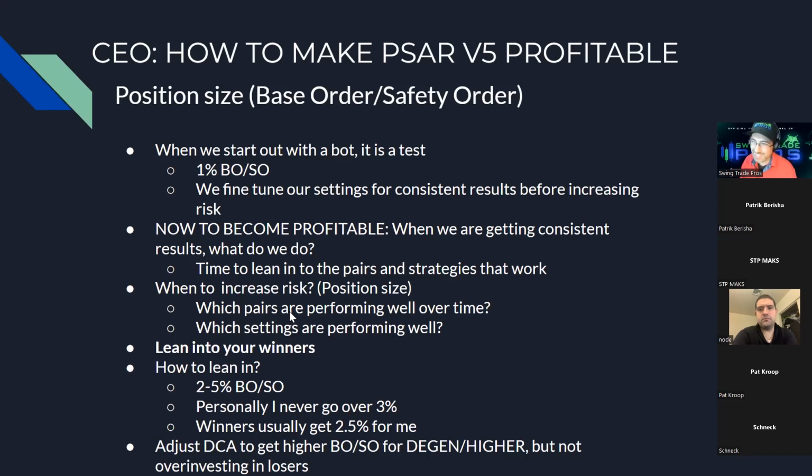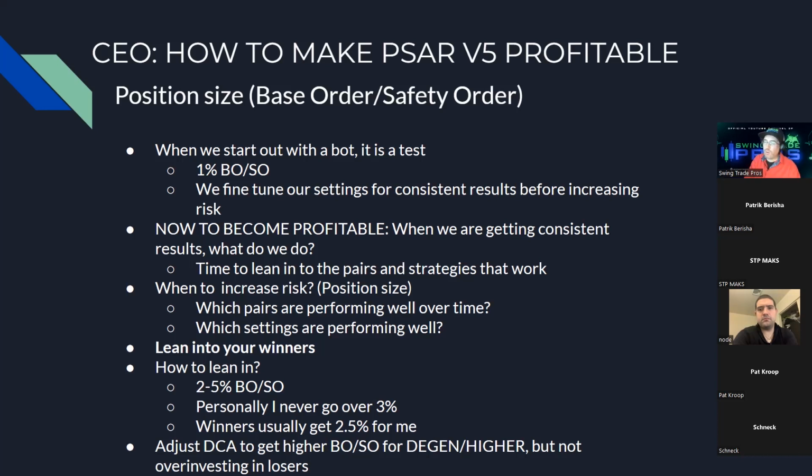Maybe it's a terrible low market cap coin that maybe did well for you on that one day, but it's not going to do well long term. So look at what is consistently winning for you. Okay. And also, what we just went through, right, on the settings, right? What settings are working really well for you? Maybe you're trying multiple different strategies. We're going to be talking about the trend strategy as well today. What strategies are working well?